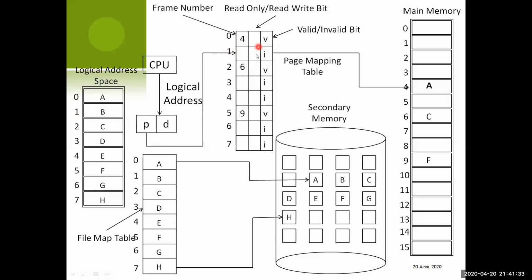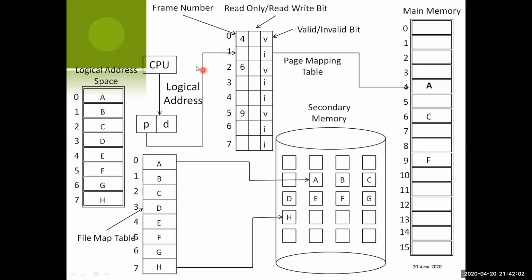Now the valid bit is set as invalid, meaning this page is currently not present in the main memory. So the operating system will generate a trap, the state of this executing process will be saved into the PCB of the process, and control is transferred to the operating system.